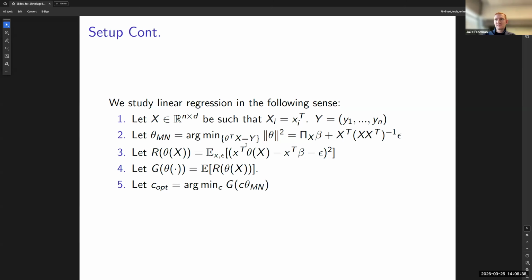Then we're going to let R of theta be the risk, so what is your expected error on a new draw of the data? And G is going to be the generalization, so the expectation over all the draws of the data. And this C opt we're going to talk about in terms of inflation, which is: what is the optimal scaling when you scale theta mn? What we're going to try to look at is when C opt is greater than 1.